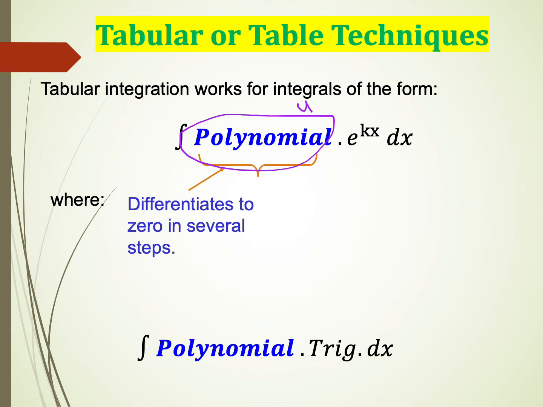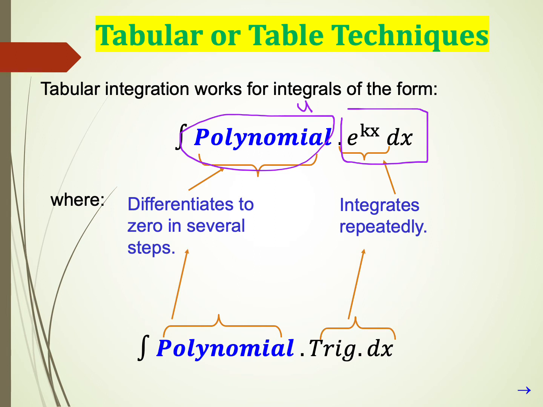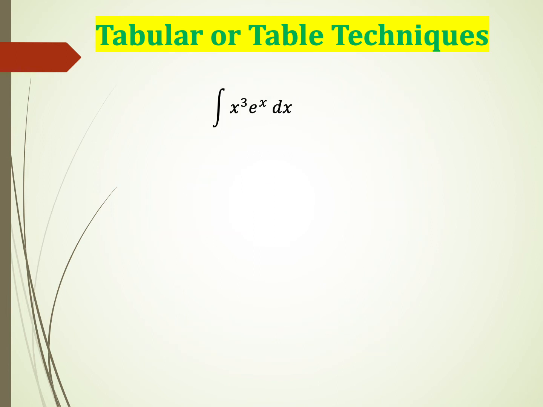That means this integration will stop there, and I integrate the other part to get v. Also, if I have a polynomial with a trigonometric function, the polynomial will lead to 0, and the trigonometric function will repeat. Now, let us take this example to understand.